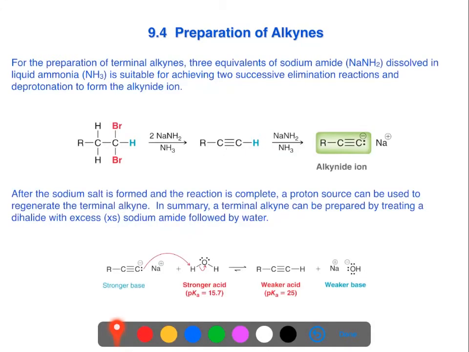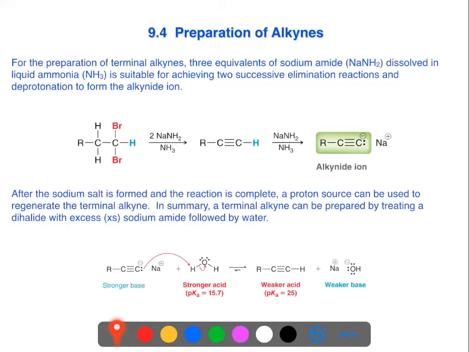So for the preparation of terminal alkynes, we need more than just two equivalents of base to carry out the two successive E2 reactions. We actually require three equivalents, and that's to ensure that we go to completion with this particular reaction.